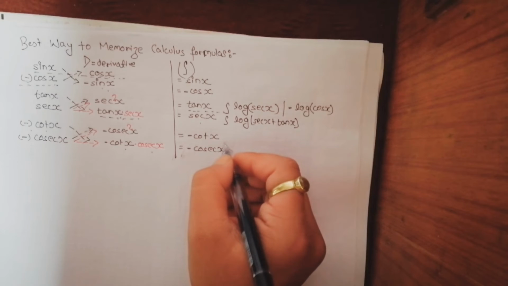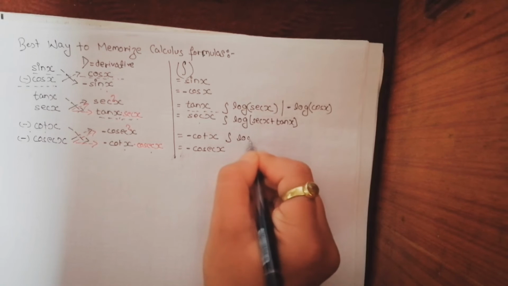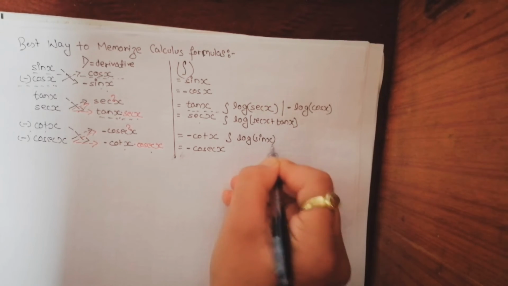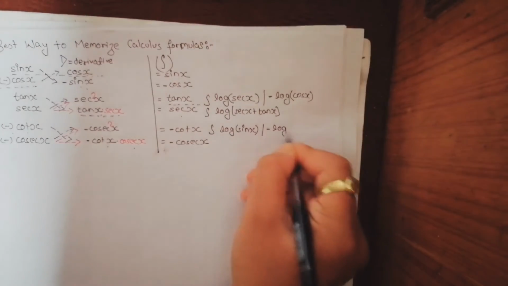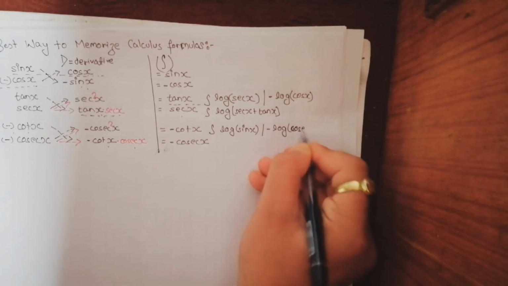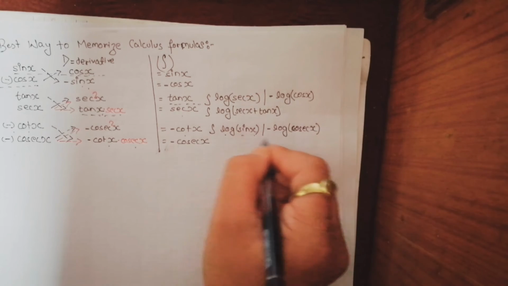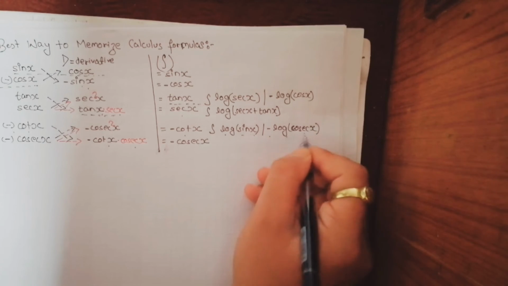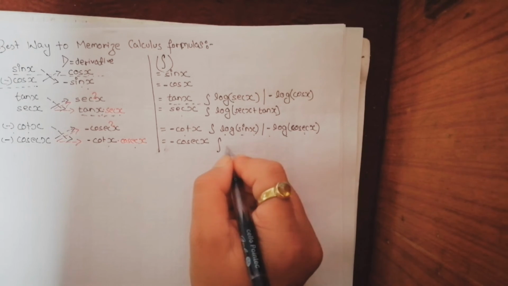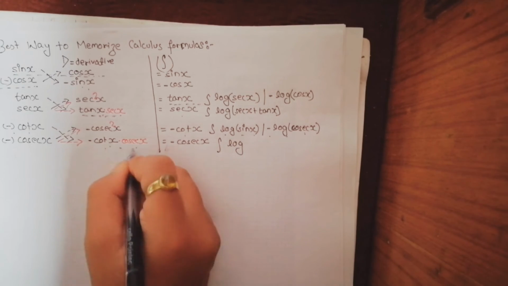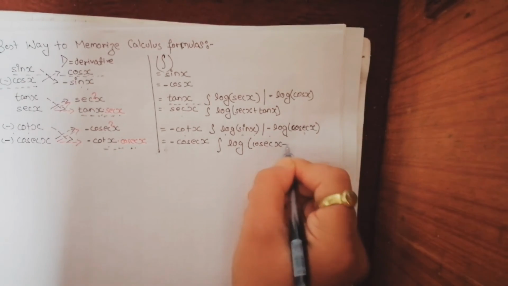So now moving toward cot x, the integration of cot x will be log sin x, and in terms of cosec x, it will be minus log cosec x. And lastly, the integration of cosec x, you just need to remember this result obtained from here, it will be log cosec x minus cot x.